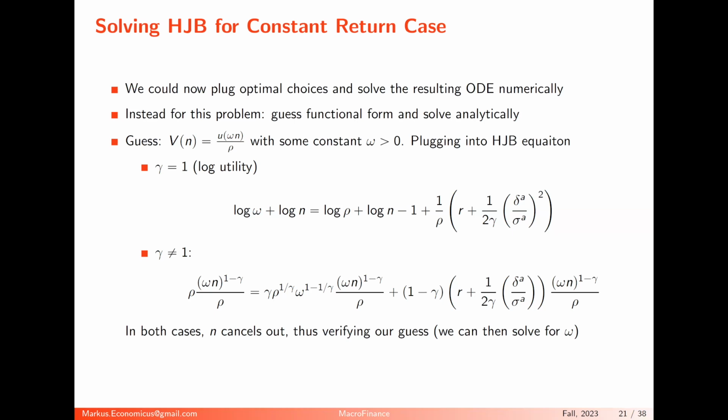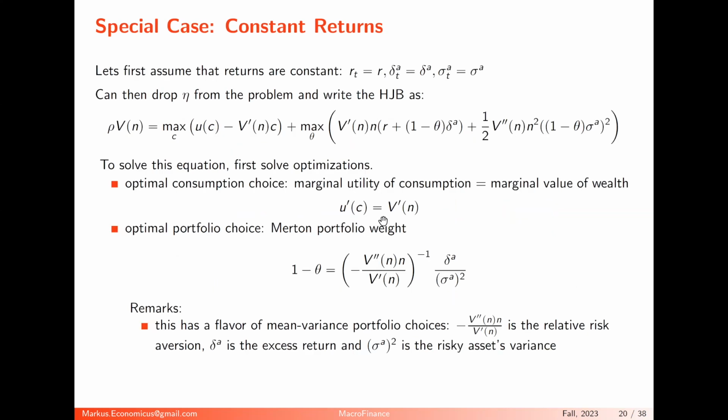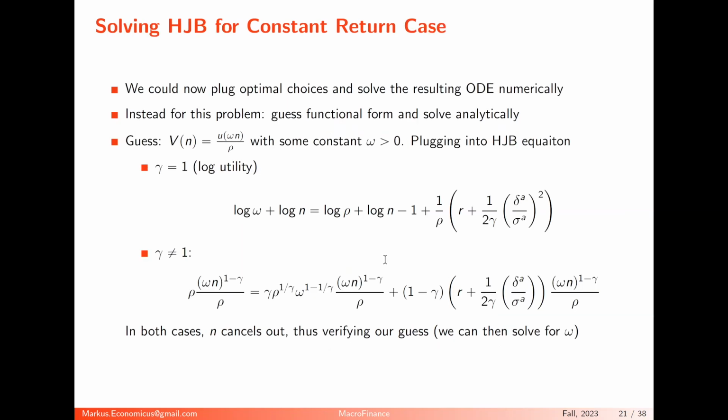Oh, sorry. Yes. So before I do that, let's still stick with the constant return case, and we could now plug the optimal choices and solve the resulting ordinary differential equation numerically. So we take the choices, plug it in, and then can solve the ODE out of that.